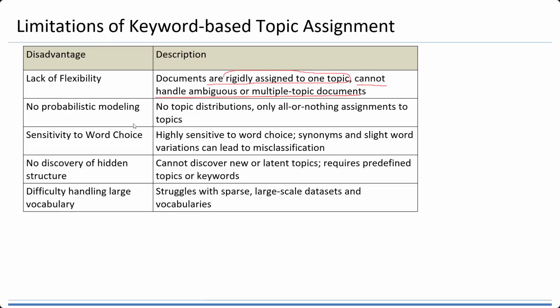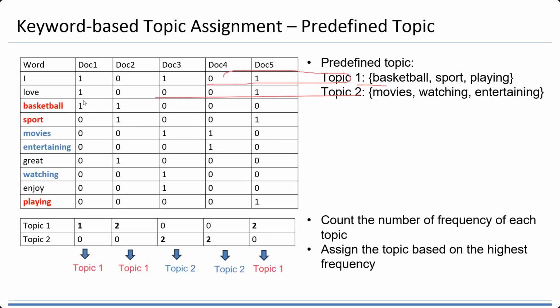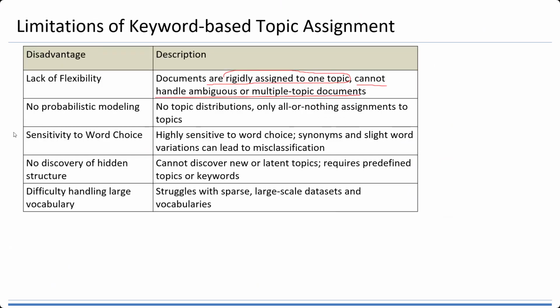In this case, we assume that if it is related to basketball, it is always in topic 1. But sometimes basketball can be entertaining. And there is no probabilistic modeling, so we do not use any topic distribution. This is just assignment. That's why it is one of the limitations.